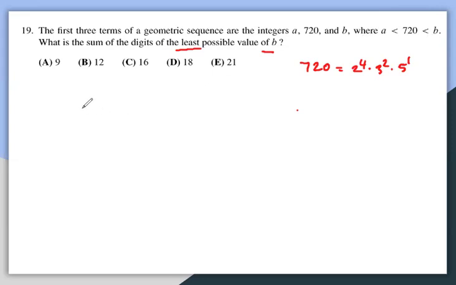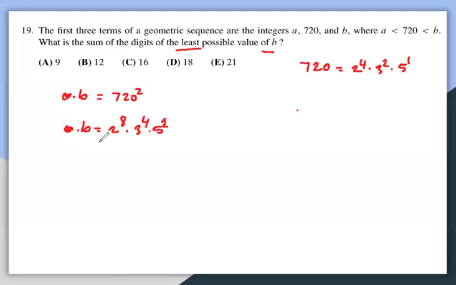So for this one, A times B is going to be 720 squared. And I do know 720 is equal to this, so that will be 2 to the 8th, 3 to the 4th, and 5 to the 2nd power because I squared this.